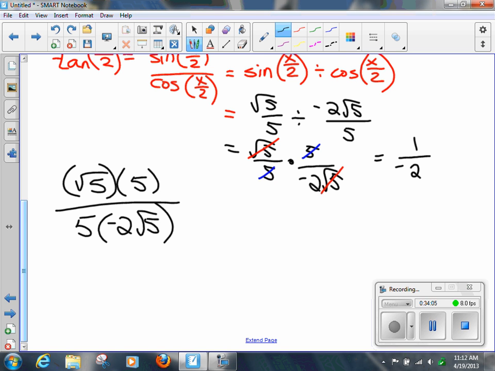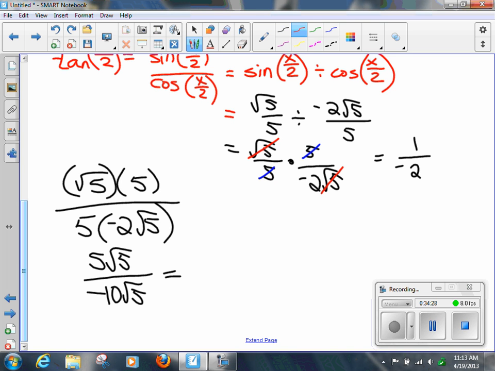All right, Damien, here we go. When we are multiplying fractions, I'm going to multiply straight across my numerators, straight across my denominators. 5 times root 5 is 5 root 5. 5 times negative 2 root 5 is negative 10 root 5. Now let's reduce. What's 5 divided by negative 10?